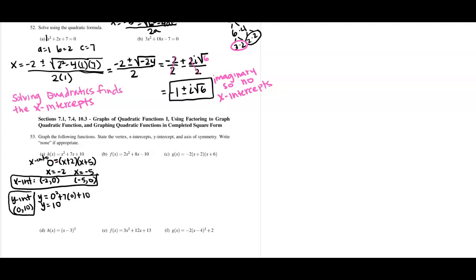All right, got my x-intercepts, my y-intercept. And my axis of symmetry, remember, is going to be found from my vertex, so it would be best to find my vertex first here, okay?